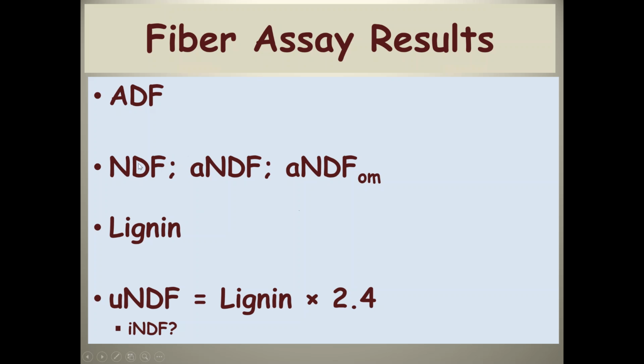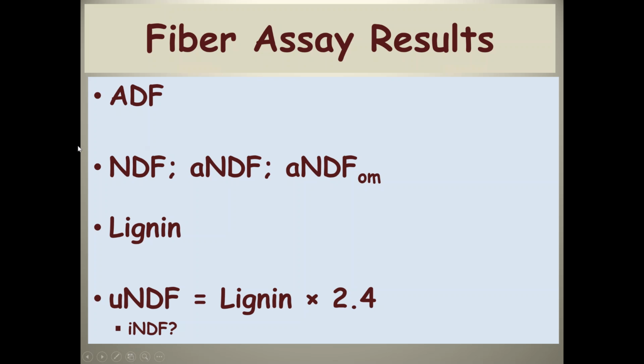As you look at reports, you may see just NDF, you may see little a NDF, and then finally now we're starting to see aNDF-OM, little a NDF-OM. What are those different components? At one time, NDF was being measured by the labs without using sodium sulfite to remove some of the insoluble proteins that are in the NDF, and possibly without using amylase to remove some of the starch that might be contaminating the NDF.